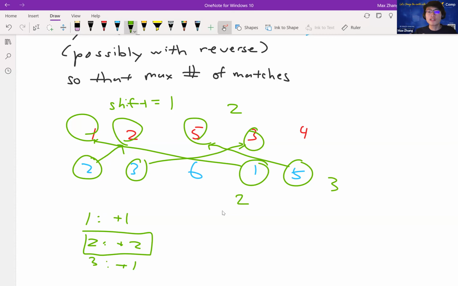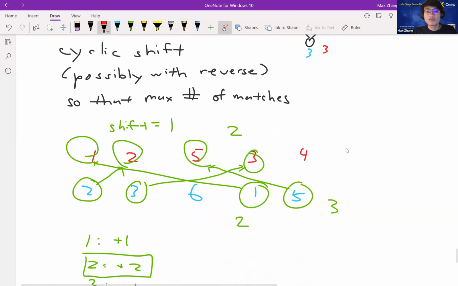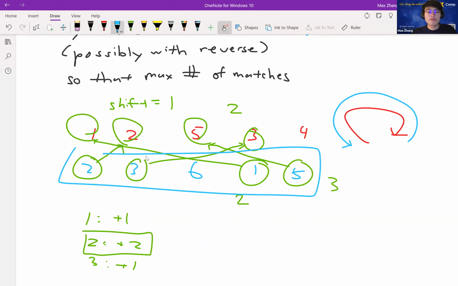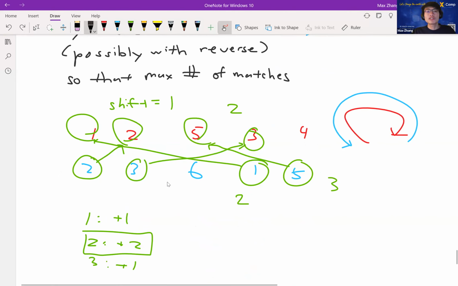At the end, we take the table entry with the maximum value. It's also possible that one of them was read going this way and the other going the other way, so you also need to reverse the array and rerun the algorithm. You can just run the algorithm twice and reverse the array in between.